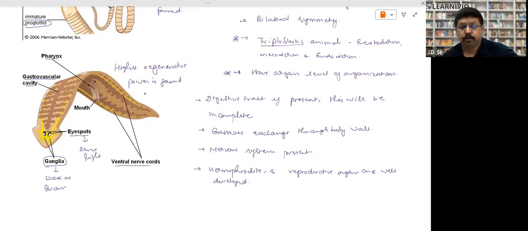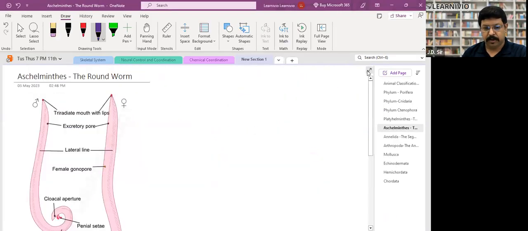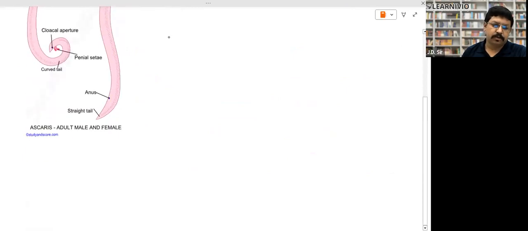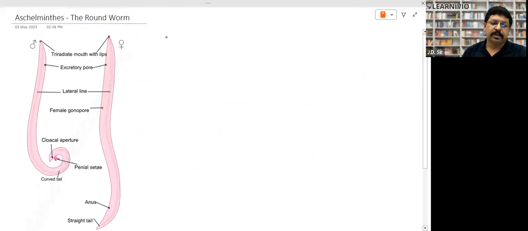Okay, then come to the Aschelminthes, that is the roundworm phylum. Roundworm is represented by Ascaris lumbricoides, right? The male will be smaller and the female will be larger.